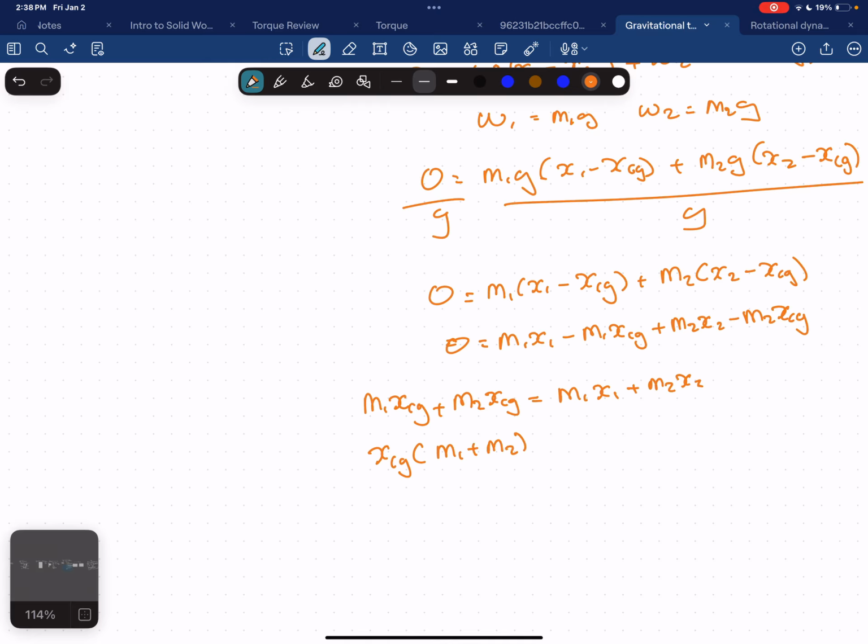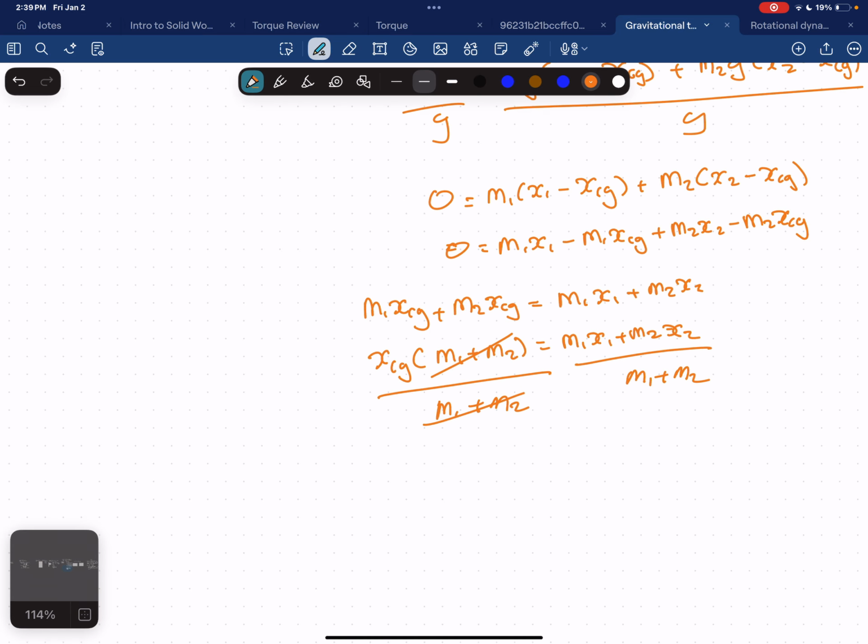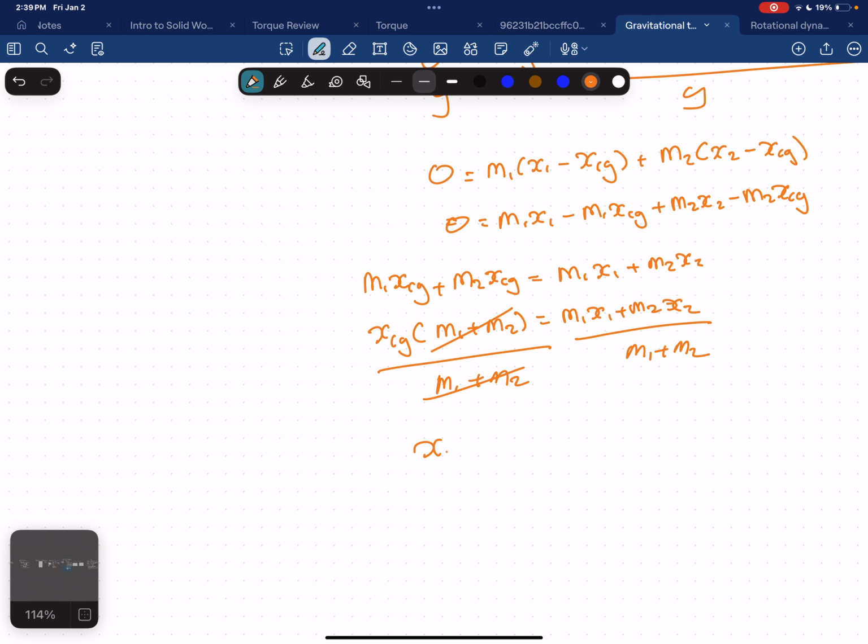It's going to be equal to m1 x1 plus m2 x2. I can divide both sides by m1 plus m2. And then, voila, I got my formula for my center of gravity.